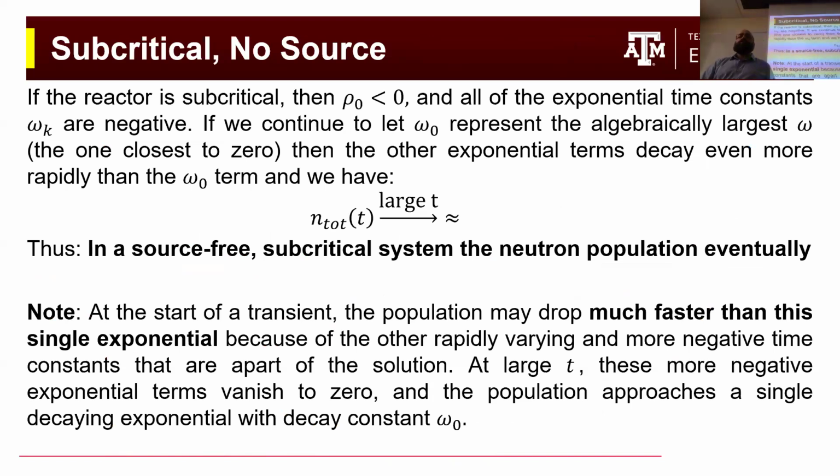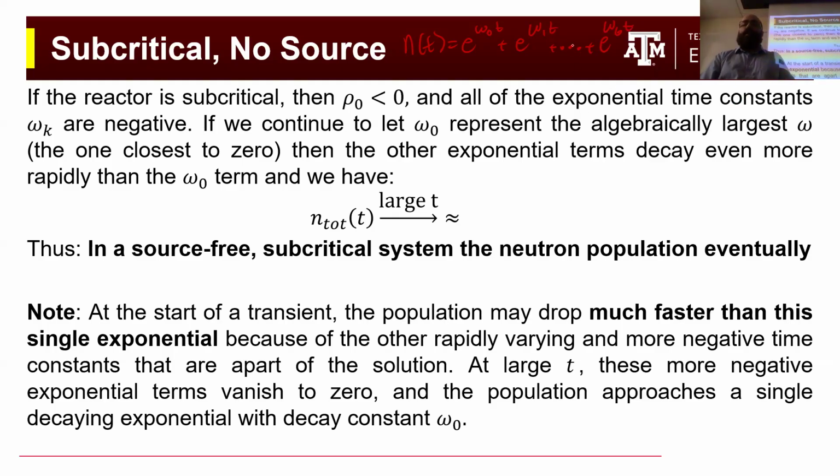So if we investigate how the system evolves at a large value of t, we've got a bunch of exponentials. Our solution for n of t looks like e to the omega 0 t, plus e to the omega 1 t, and then a bunch of those all the way up to e to the omega 6 t, because there were 7 of them in total.